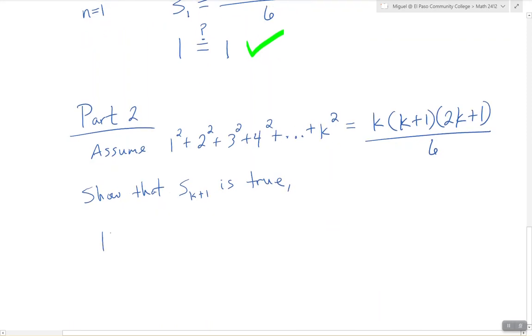So this would be the same statement up to here, right? But then we add one more term. So if k squared is the last term, the next term after that would be k plus 1 squared.